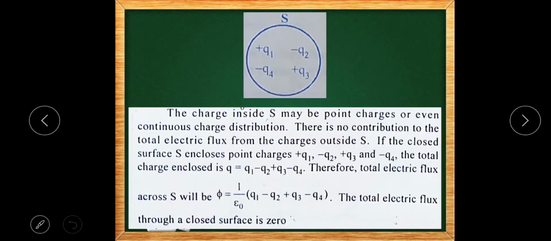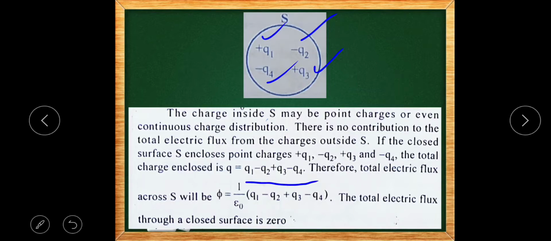Next, consider another example. Here we are considering a closed surface S which encloses four point charges: plus q1, minus q2, plus q3 and minus q4. Then the total charge enclosed is q equal to q1 minus q2 plus q3 minus q4, since charge is additive in nature.